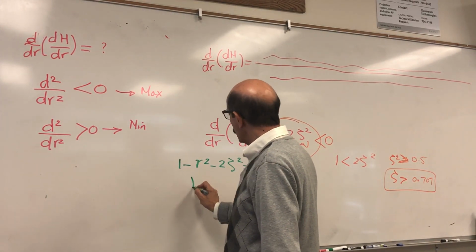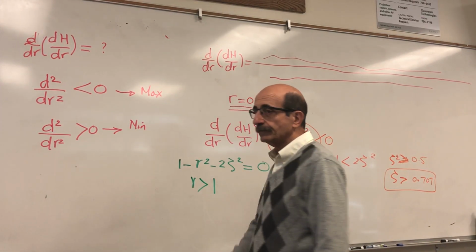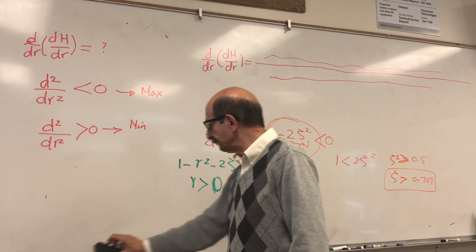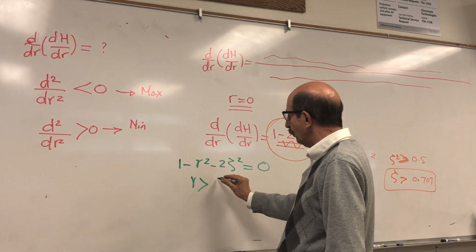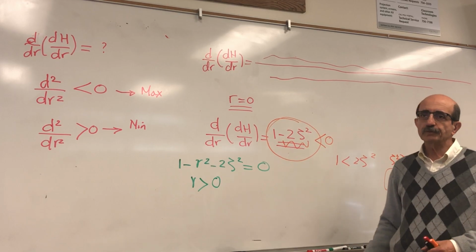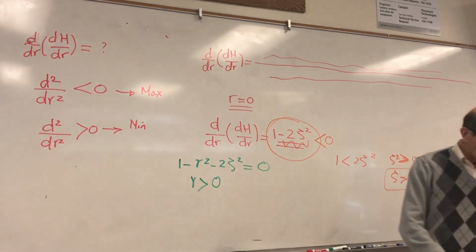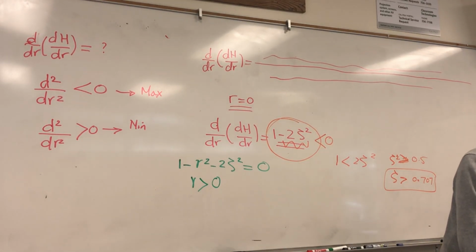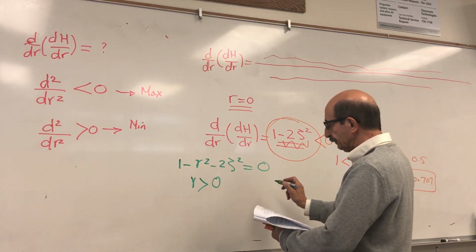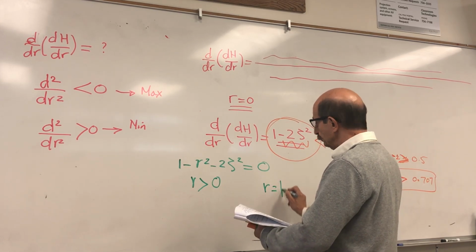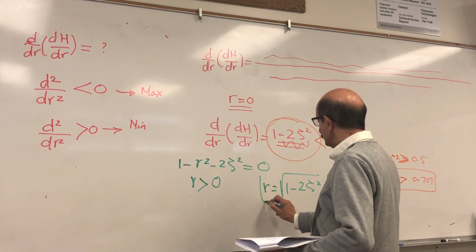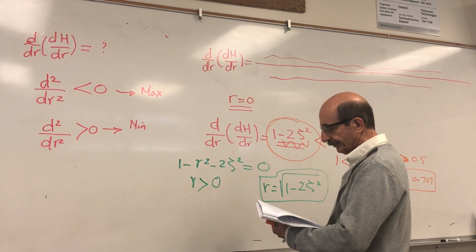We know that R is always positive, cannot be negative. This is a ratio of two frequencies. How could that be a negative value? So if you equate this to 0, you will get R equal to the square root of 1 minus 2 zeta squared, okay?